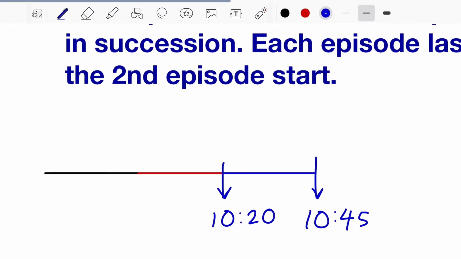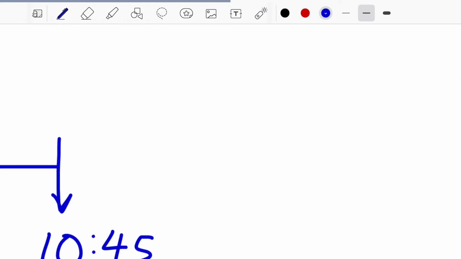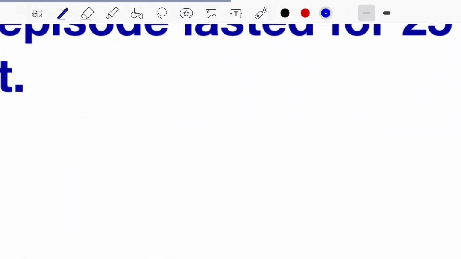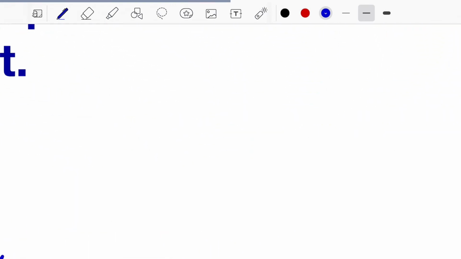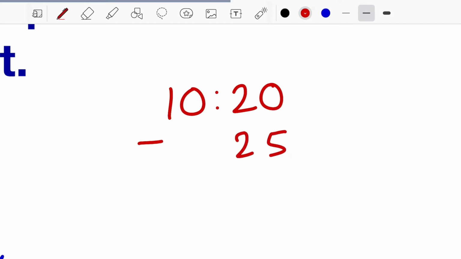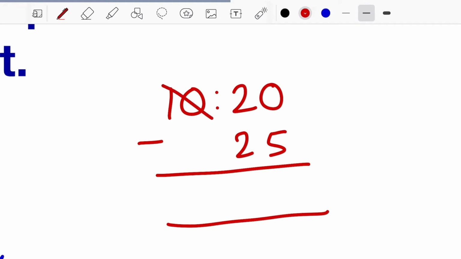So we simply have to go back 25 minutes. So 10:20 take away 25. We know that 20 cannot take away 25, so we are going to borrow from the 10.